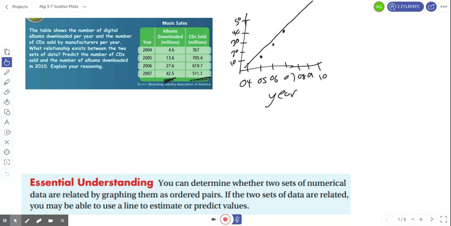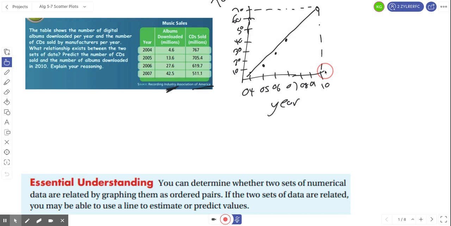So if I draw that line, and I draw a line up from 2010, I might have to extend this a little bit. 60, 70. That looks about right. So maybe in 2010, they will download 70 million. I went right up to the top of my screen there. Let's scooch that down a little bit.